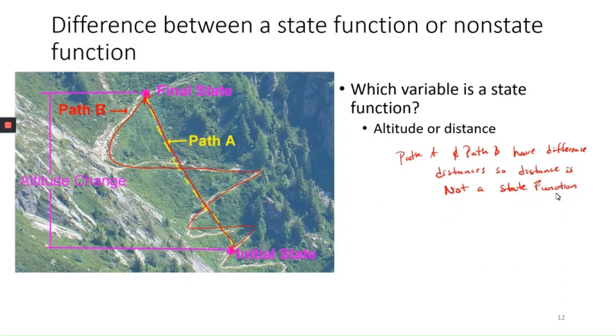Altitude, on the other hand, this is your altitude. And it doesn't matter what path. So altitude, the change in altitude from your initial to your final is independent of the path. So it is a state function.